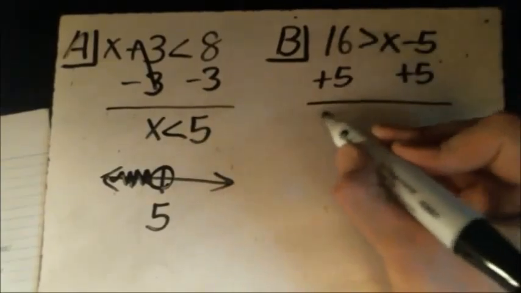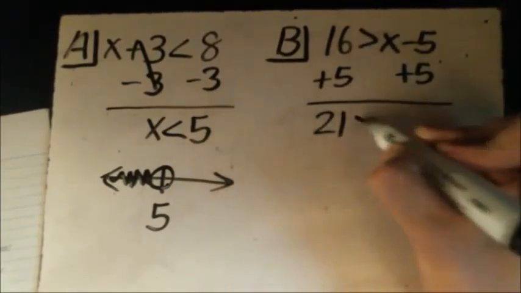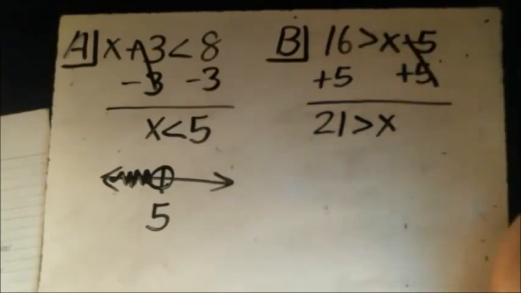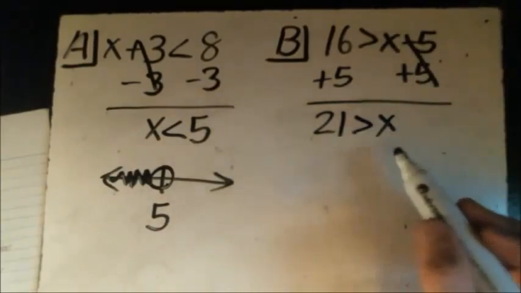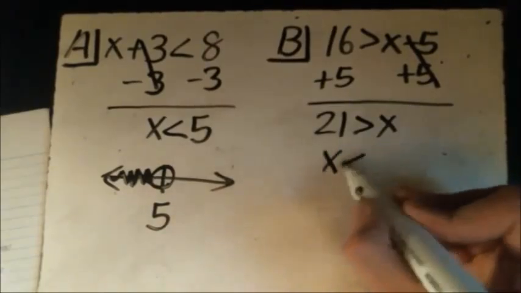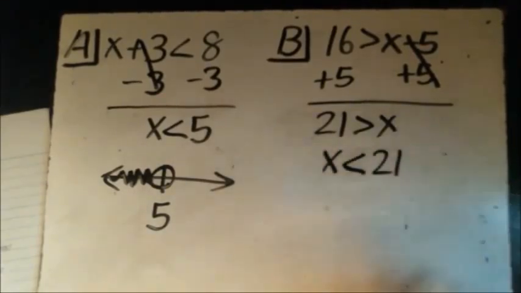So I got 16 plus 5, which is 21, is greater than x, and my -5 and my +5 cross each other out. So I've got 21 is greater than x, and if I want to use my arrow trick, I've got to flip this around. So I have to make this x is less than 21.